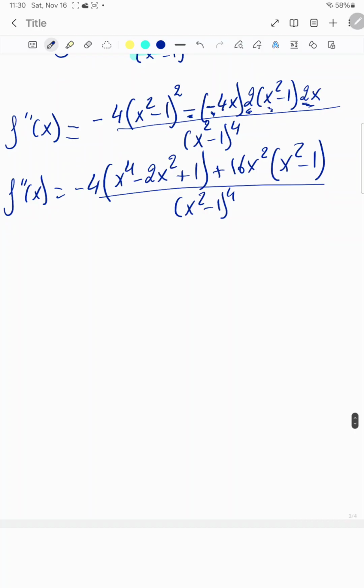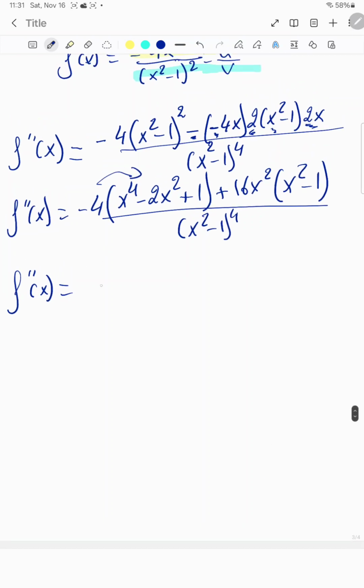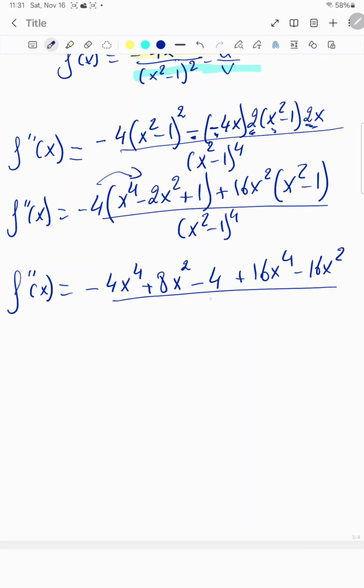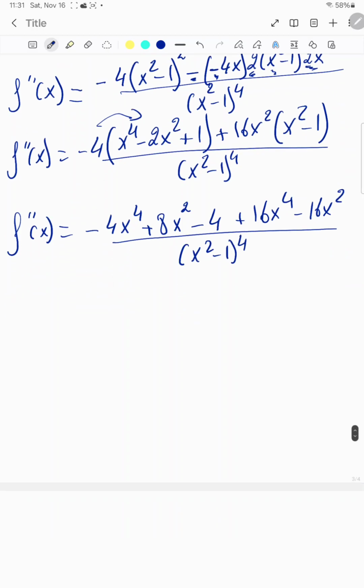So let's develop my f second of x, keep on developing it. F second of x is equal, now I multiply minus 4 by all my parentheses, it becomes minus 4x to the power of 4 plus 8x to the power of 2 minus 4 plus 16x to the power of 4 minus 16x to the power of 2, and all that is over x squared minus 1 to the power of 4.